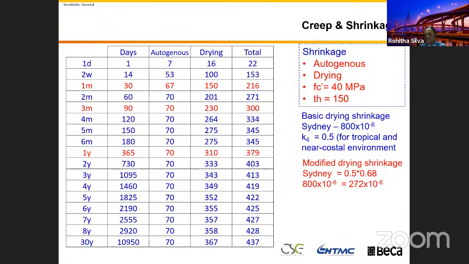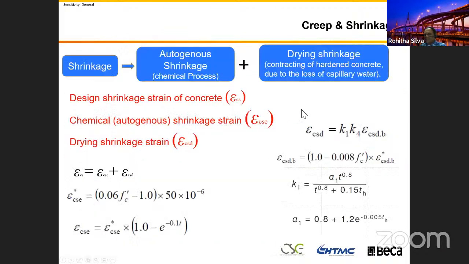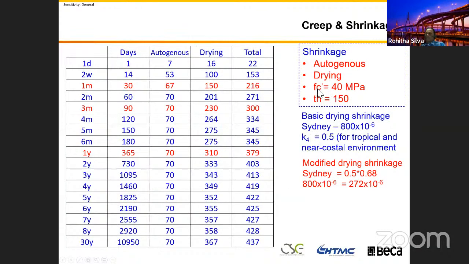I did a calculation for you to understand autogenous shrinkage and drying shrinkage for 40 MPa concrete with a hypothetical thickness of 150, for Sydney.